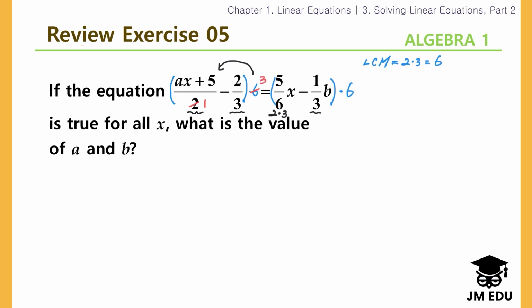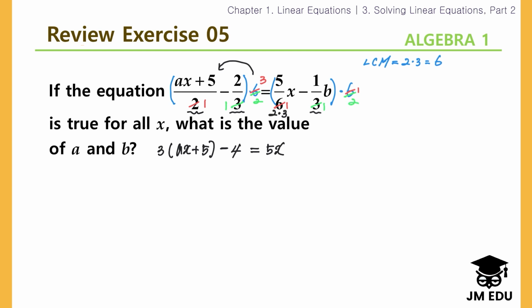So we have 3 times ax plus 5 minus, okay, 3 times 1, 3 times 2. So 2 times minus 2, that's minus 4, is equal to 6 times 1, 6 times 1. So 1 times 5x, that's just the 5x. 3 times 1, 3 times 2, right?